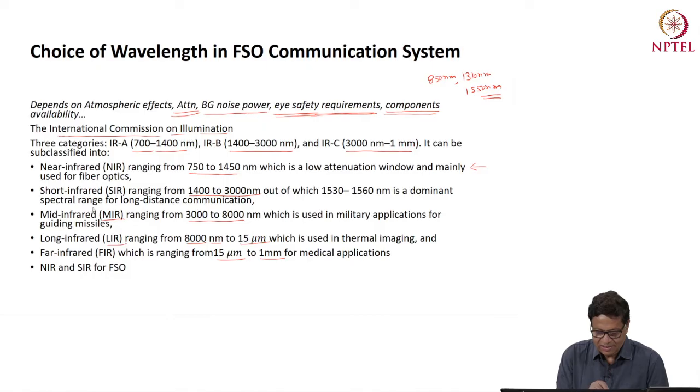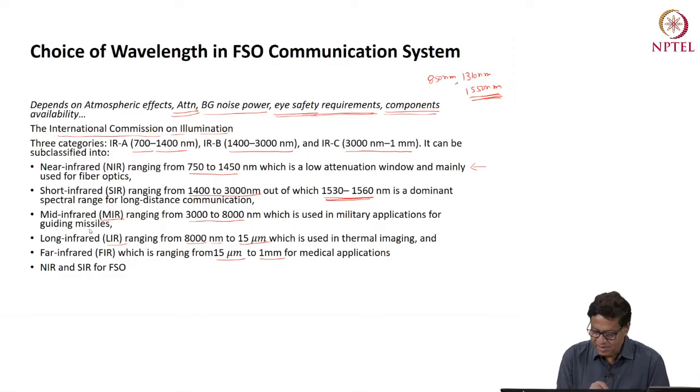Short infrared is used for long distance because it covers the 1550 which I have mentioned here. So 1530 to 1560 is a window which has the least attenuation. And most of the amplifiers which are developed, for example, EDFA, erbium doped fiber amplifier, work on these wavelengths.